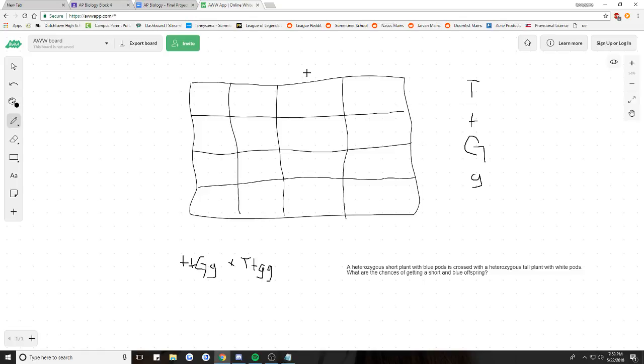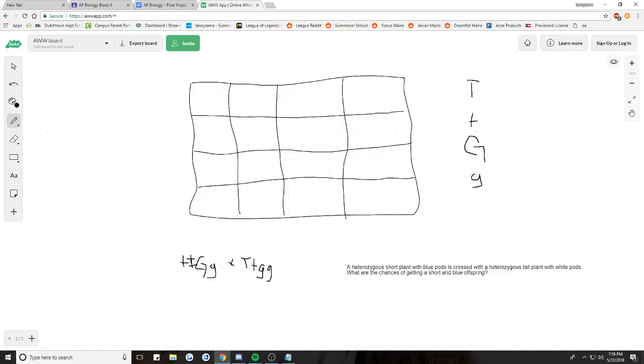What you do is, this basically helps you draw out the potential parent gametes. So from here, you can fill it into a dihybrid cross by foiling it, which is similar to math. You would foil it with lowercase t to capital G, lowercase t to lowercase g.